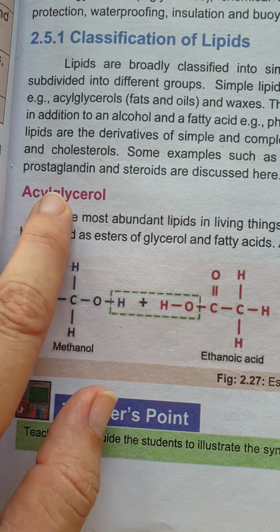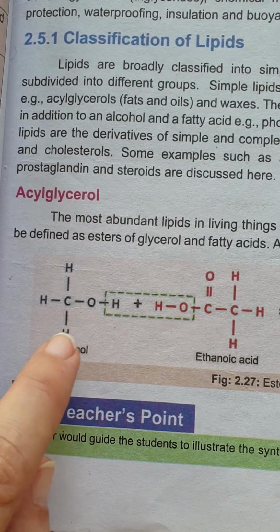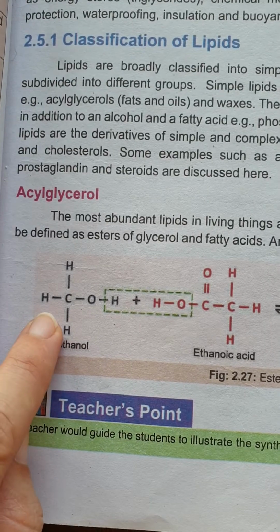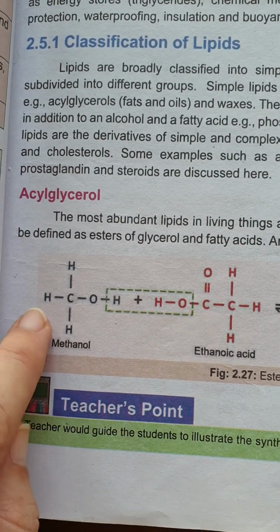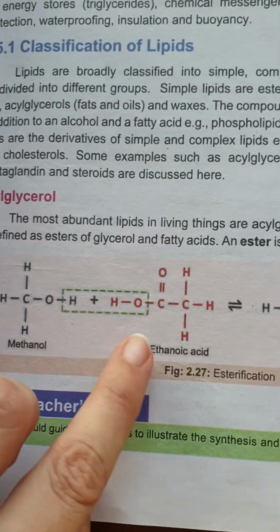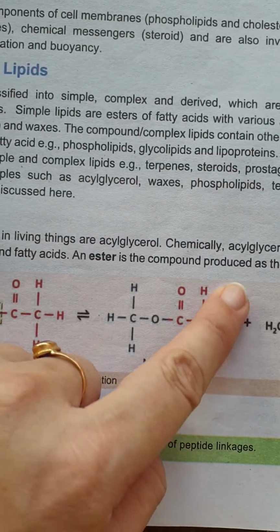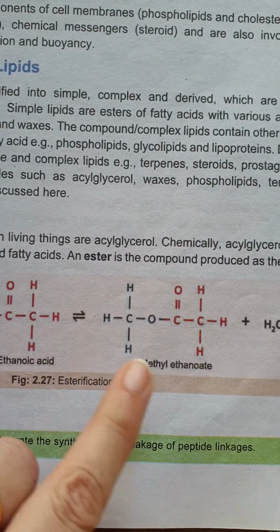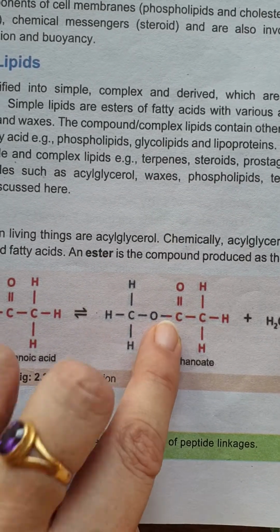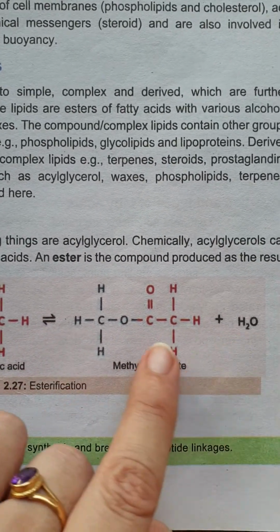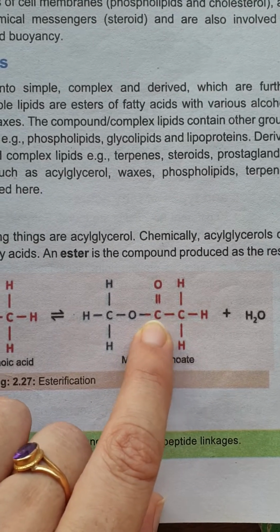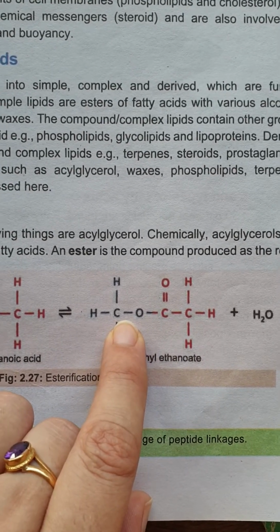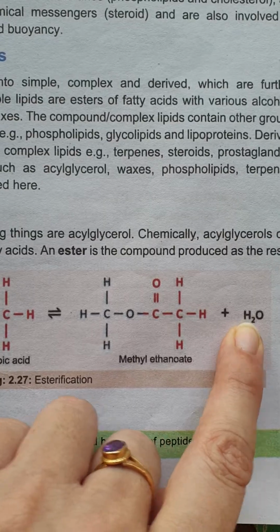And acylglycerol is the ester of glycerol and fatty acids. This process, or mechanism, is known as esterification. Ester linkage is formed, water is removed: hydrogen from one side, a hydroxyl group from the other, in the form of water.